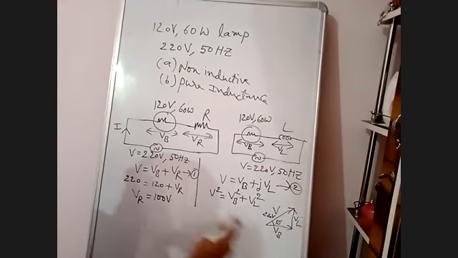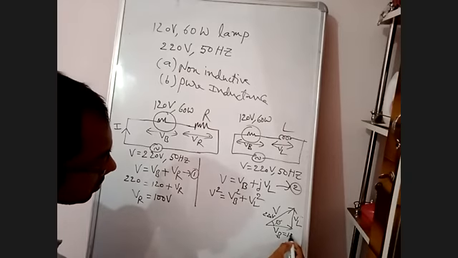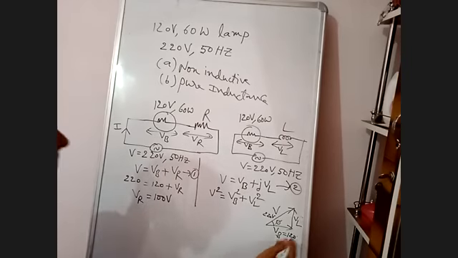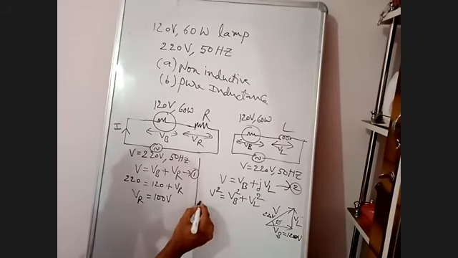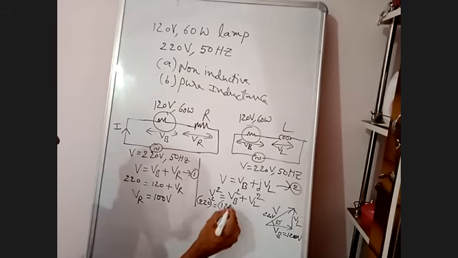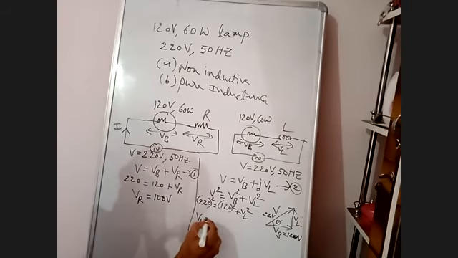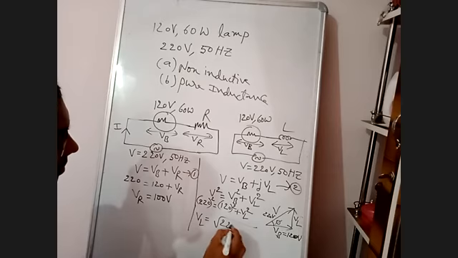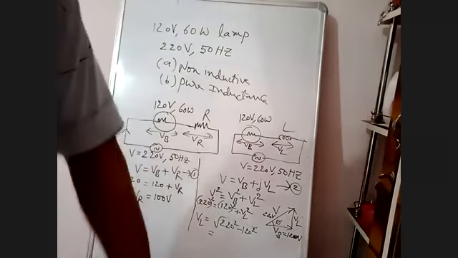And VB is 100. 120, sorry. VB is 120 volts. So V is 220 square, VB is 120 square, that is VL square. From this we will get VL. That is your VL.